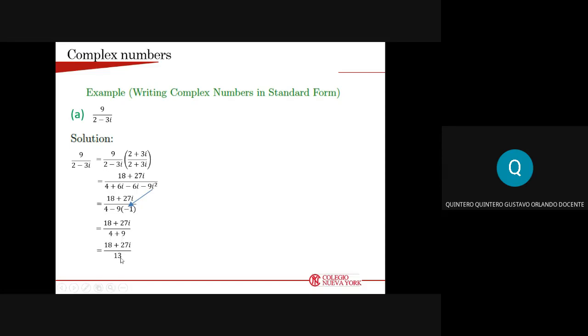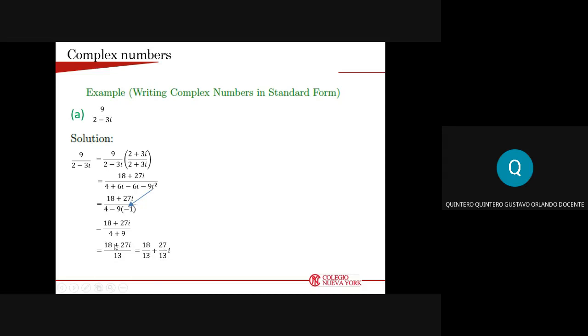And now what we can do is separate the values. We want to be able to find the real part and the imaginary part. So we have to split those values. How do we split them? Simple. The denominator is going to be on both the 18 and the 27. Look, it's the same denominator. 13 under the 18 and 13 under the 27.